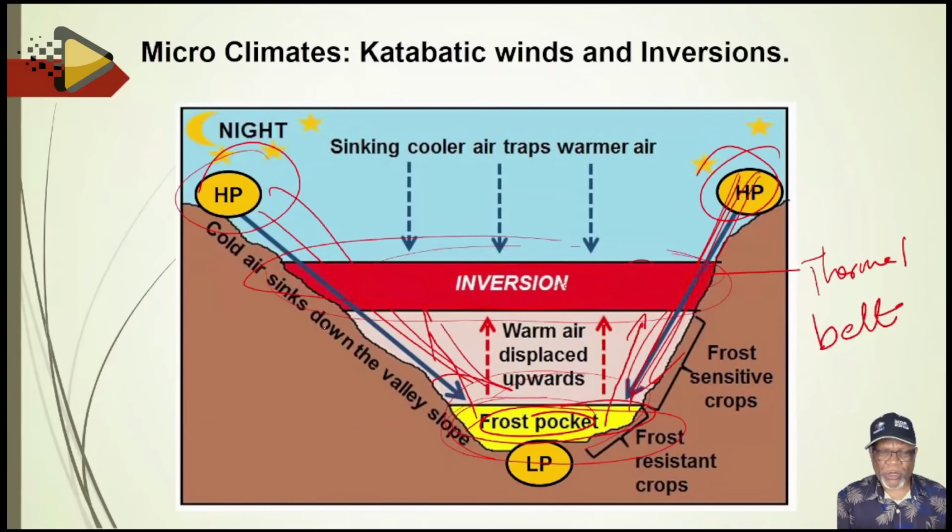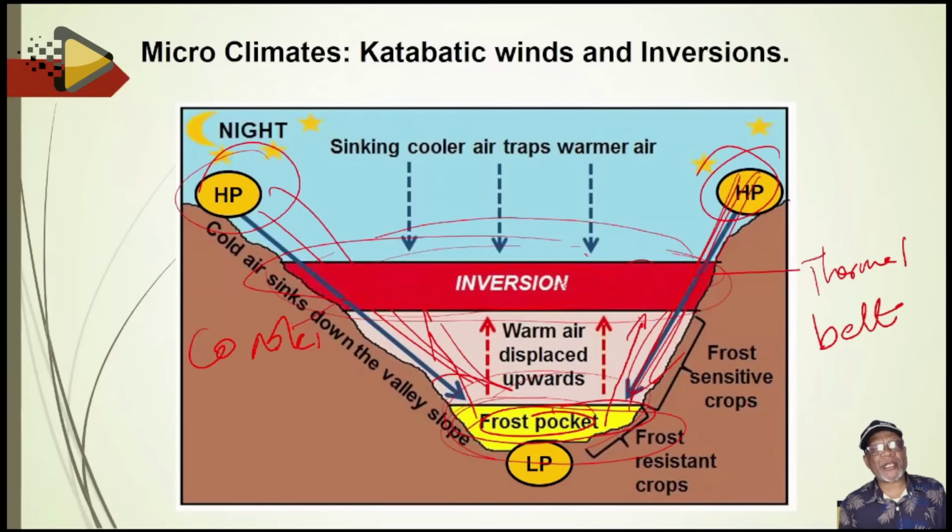So what will happen there? Why is condensation going to take place? Because this air is warm and the surface is cooler. When there is contact between warm air and a colder surface, condensation is going to take place.